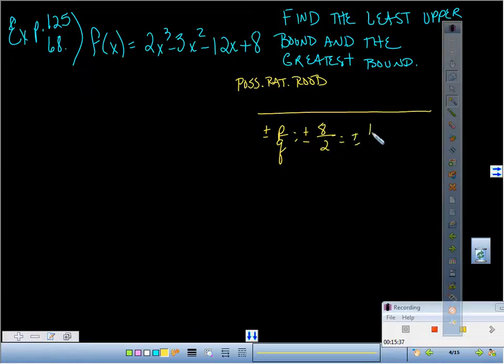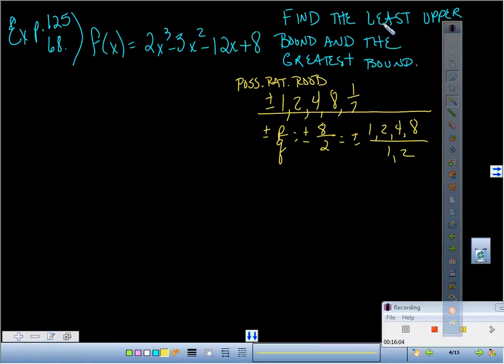So plus or minus 1, 2, 4, and 8. The factors of 2 are 1 and 2. So I put all of these factors over 1, and I get plus or minus 1, 2, 4, and 8. And then I put all of these factors over 2, okay? And the only one that really gives me anything is 1 over 2. Everything else is something I already have listed. So 1/2.